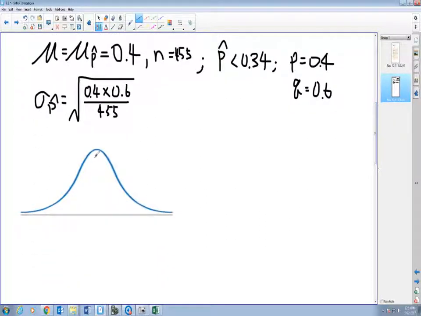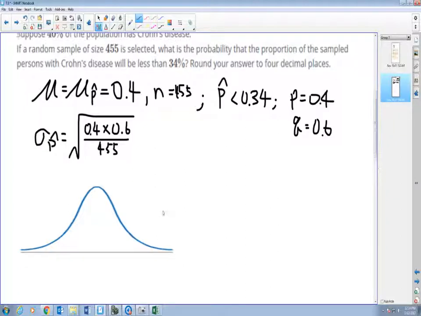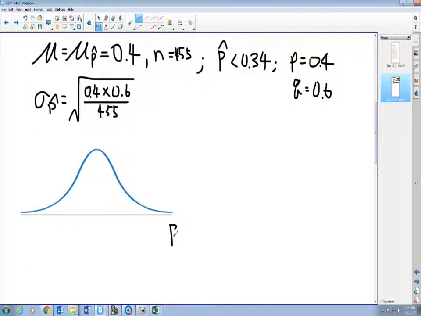So basically what's going on with the graph is, our random variable becomes my sample proportion p hat. Okay, so I can change this axis to p hat. So the mean eventually will become 40%, 0.4.